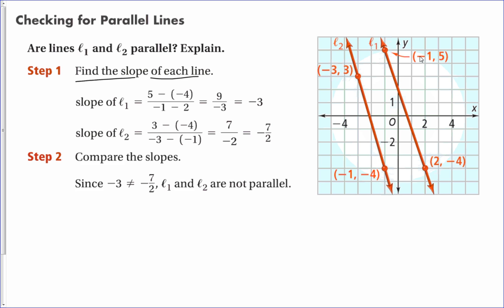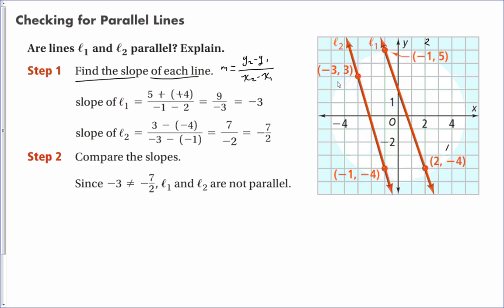They made this point 2 and this point 1, so you run it through the slope formula, which is y2 minus y1 over x2 minus x1. So 5 minus negative 4, double negative turns into a positive, so 5 plus 4 is 9. Negative 1 minus 2 is negative 3. 9 over negative 3 is negative 3.